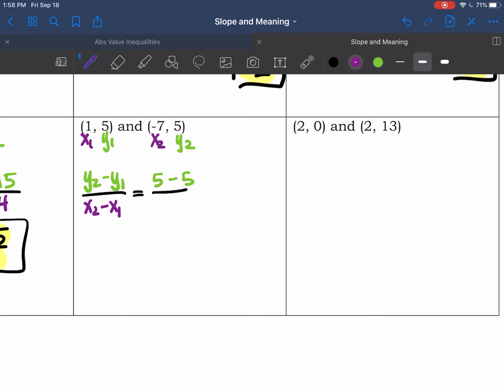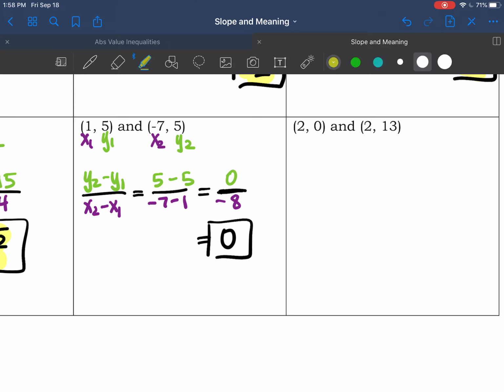So you probably see something scary. x2 minus x1. 5 minus 5 is 0, and that always freaks a lot of people out. 0 is also a number, so don't be afraid of 0. Negative 7 minus 1 puts us in debt 8. And so this simplifies. If you were to type 0 divided by negative 8, you would get 0 in your calculator. And that's okay. You can have a slope of 0.